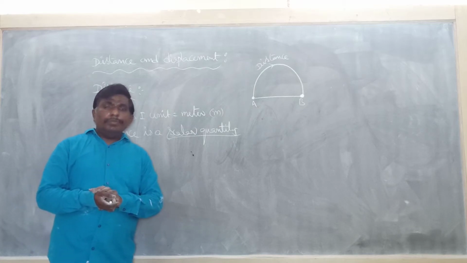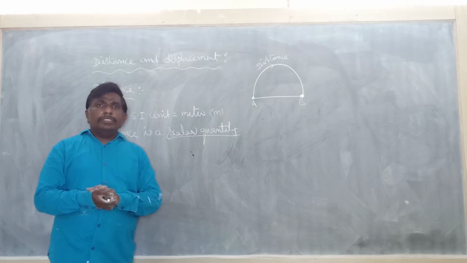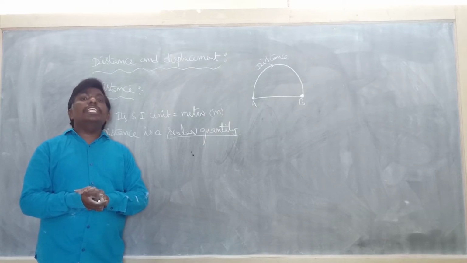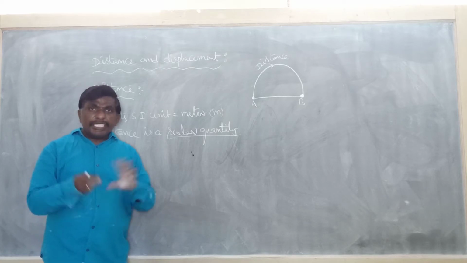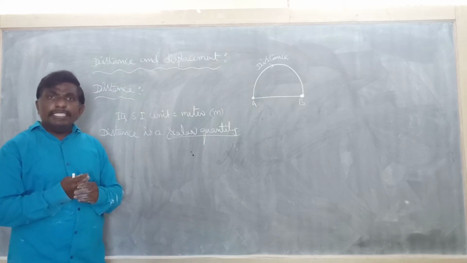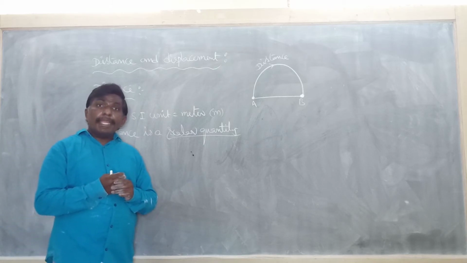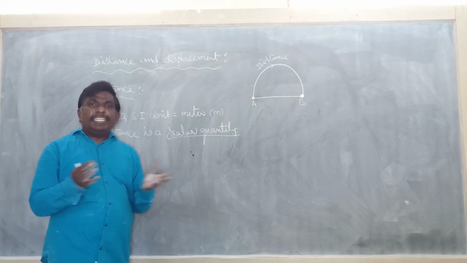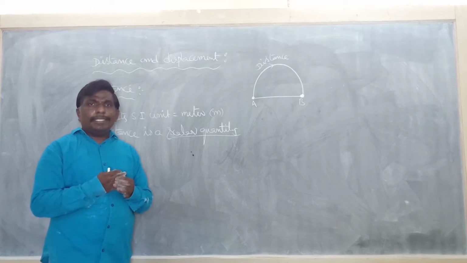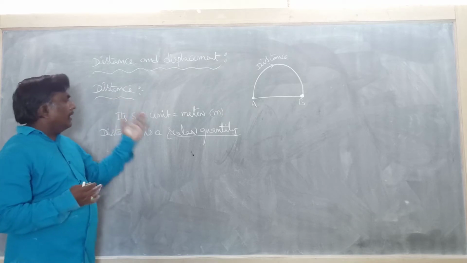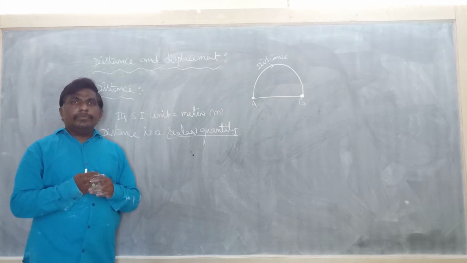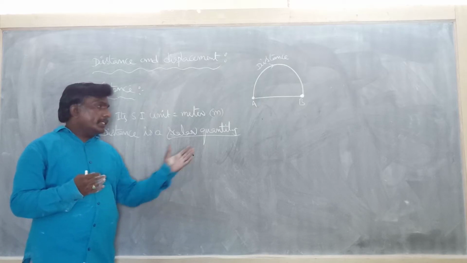For example, Rama traveled 64 kilometers. 64 kilometers is the magnitude, but it has no direction. So that's why distance is a scalar quantity. Okay, do you understand?